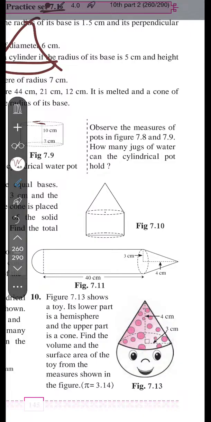Here the height is given, which is 4 centimeter, and the radius is also given, which is 3 centimeter. They said the lower part is a hemisphere, upper part is a cone. Find the volume and the surface area of the toy from the measures shown in the figure, with pi as 3.14. So here we will start by observing the given data.